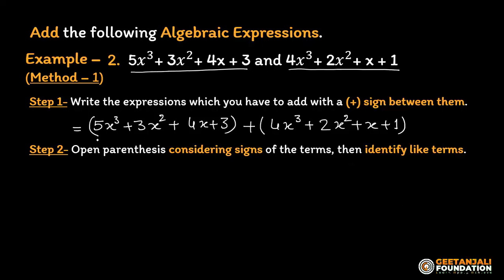When we open parentheses, we see what is the sign before that. If nothing is written, it means it is plus. So when there is a plus sign before the parentheses, we write the expression as it is. We don't make any changes in it, just remove the parentheses.